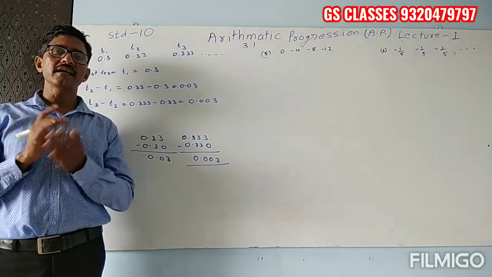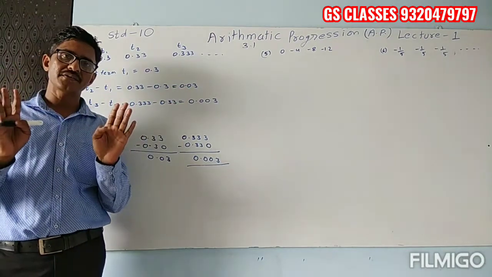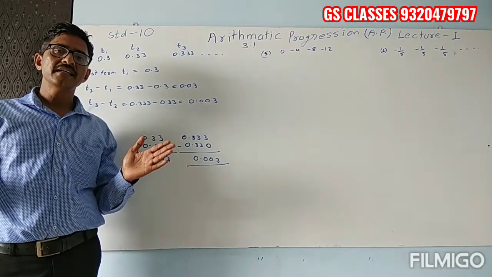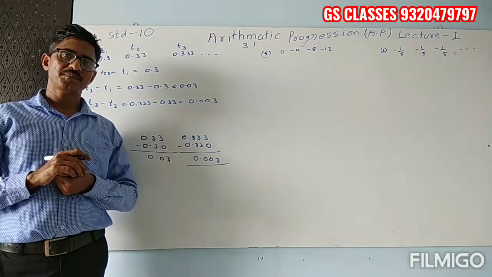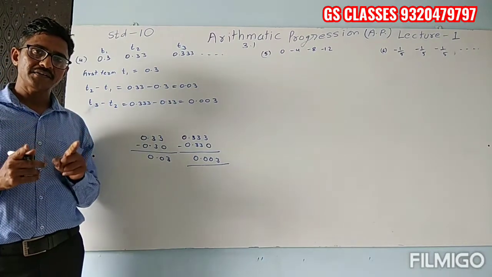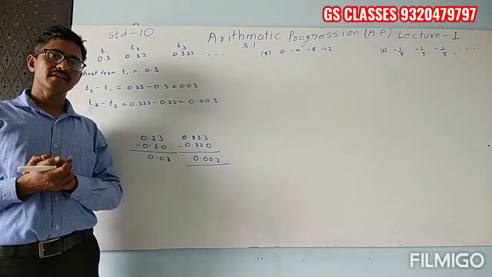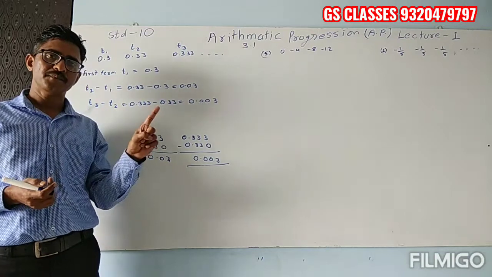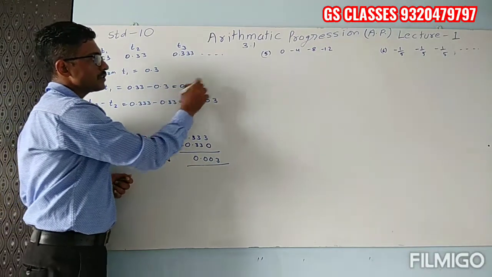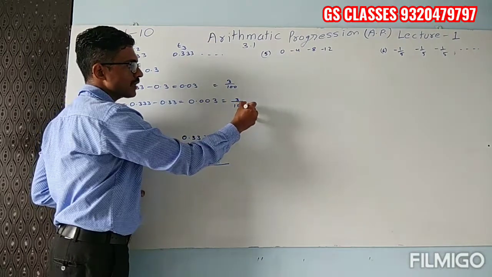Now children, as soon as you find that the differences are not constant, you can stop your calculation and say that this is not the AP. 0.03 and 0.003 are not the same, they are different. 0.03 means 3 by 100 and this means 3 by 1000.